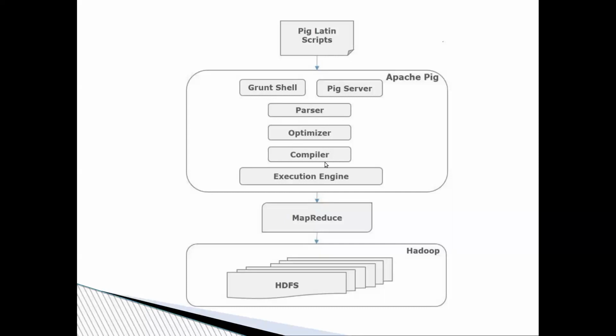Once all of them do their required tasks, then the task is converted into a series of map reduce jobs, and after processing, the output is written in HDFS, that is Hadoop Distributed File System. So you can see Apache Pig needs to interact with your HDFS all the time to actually work with your processing or analytics.